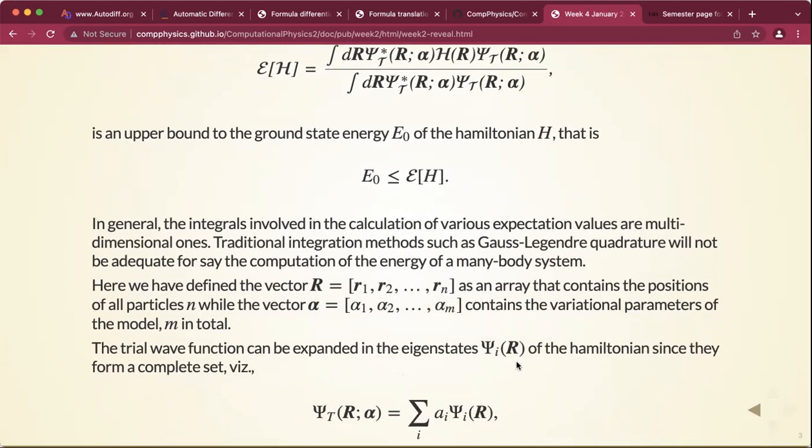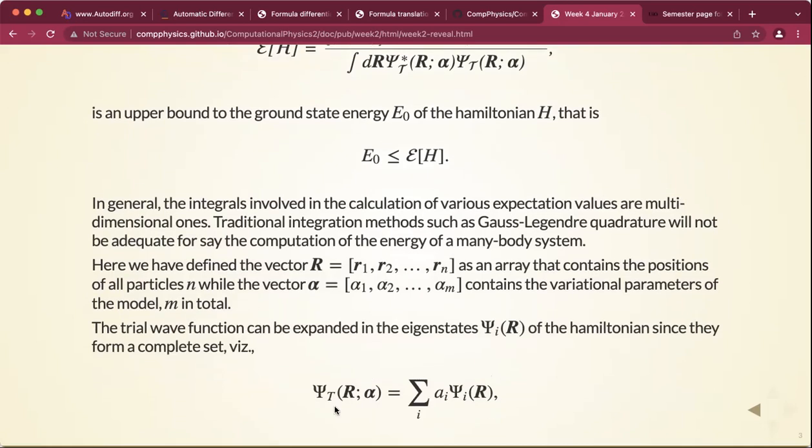So suppose you actually have the exact solutions, and this is the way you prove the variational principle. Suppose these are given, you can then expand any function in terms of these functions psi of i. And these parameters a_i, which you see here, are just parameters in an expansion in terms of an orthogonal basis, which is a complete basis, normally an infinite basis.